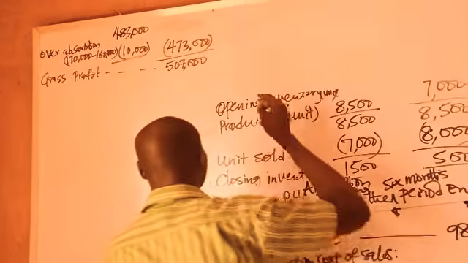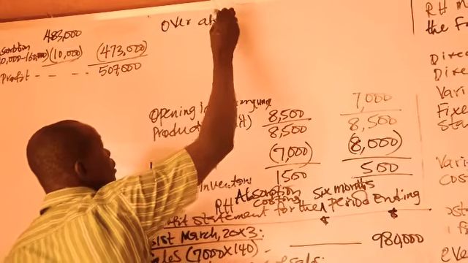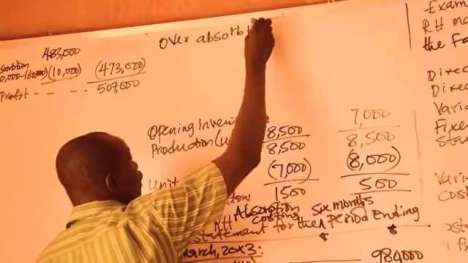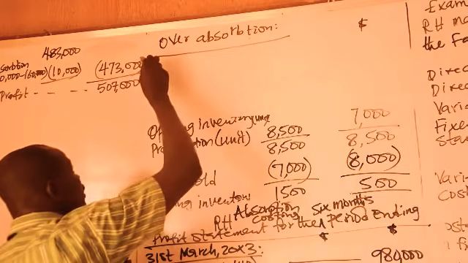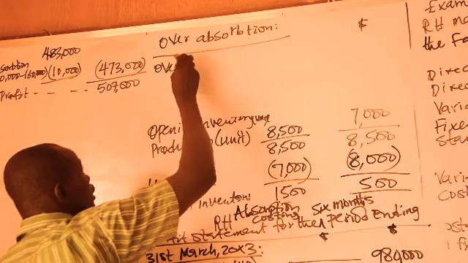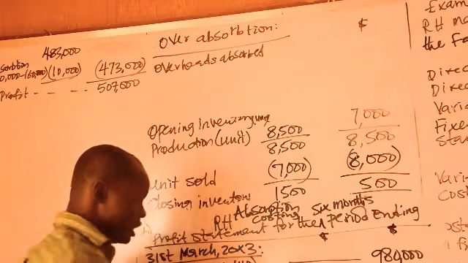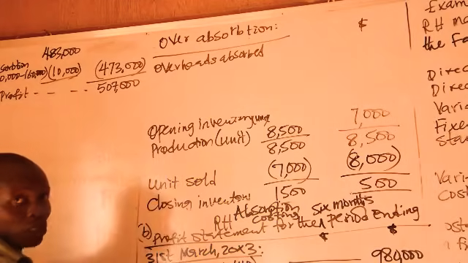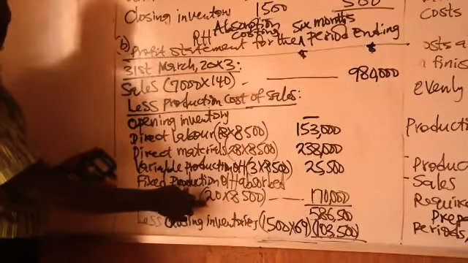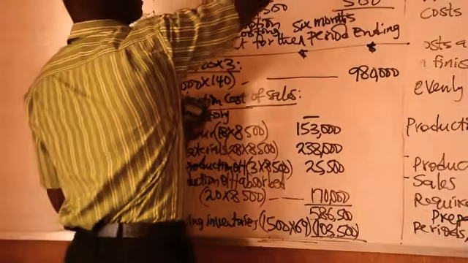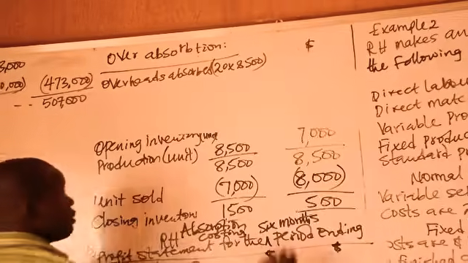Your over absorption of fixed overheads, this is how I got that. The overheads absorbed is the overhead absorption rate of 20 times 8,500, and that gave me 170,000.